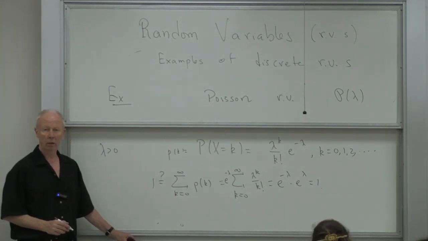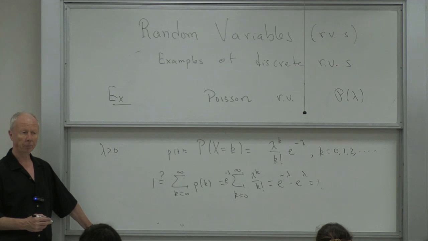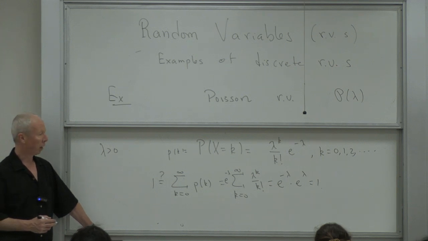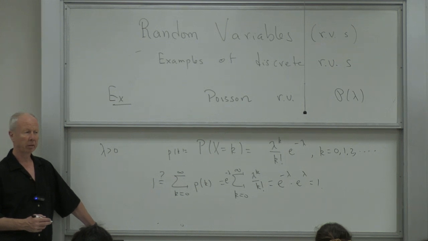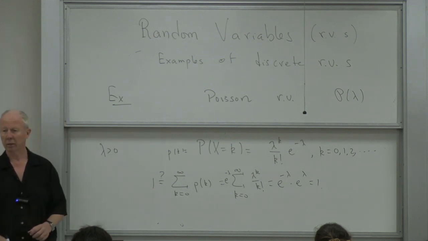Okay. This random variable is used in counting, where there are large numbers of independent events, each with very small probability.